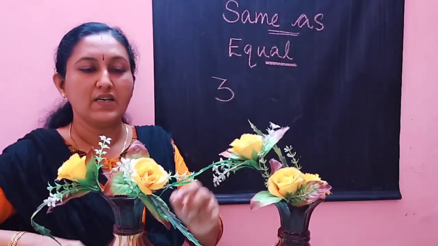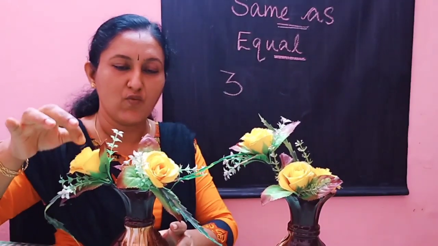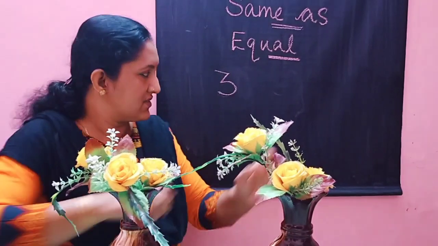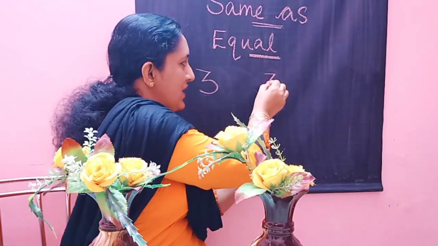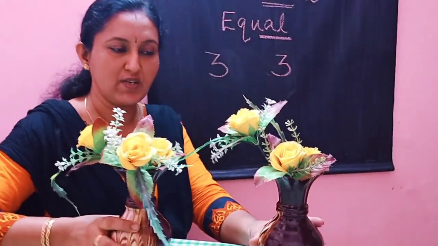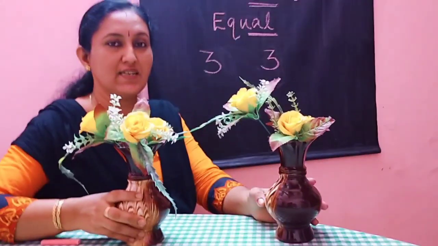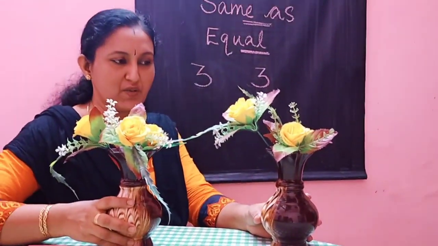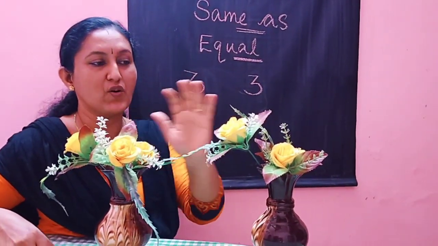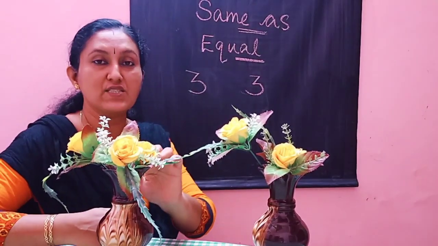Then here how many flowers? 1, 2 and 3 flowers. So what we can say? In these two flower pots, there are equal number of flowers. There are equal number of flowers in each flower pot.